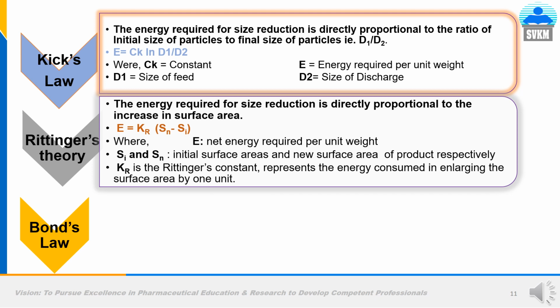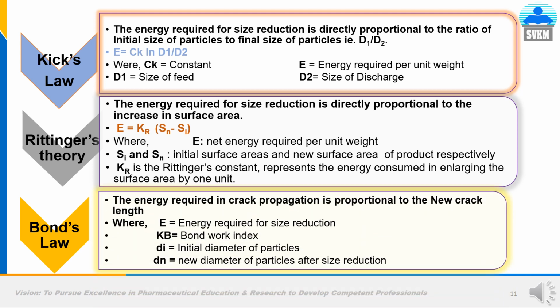In case of Bond's law, the statement is that the energy required in crack propagation is proportional to the new crack length. Here the equation is E = 2 Kb (1/√dn - 1/√di).